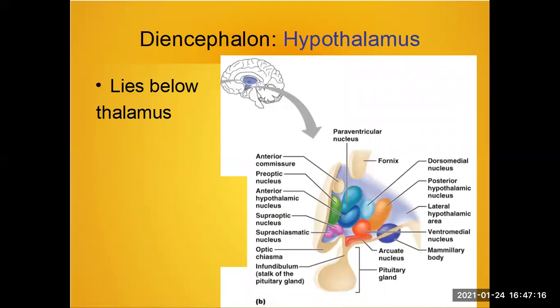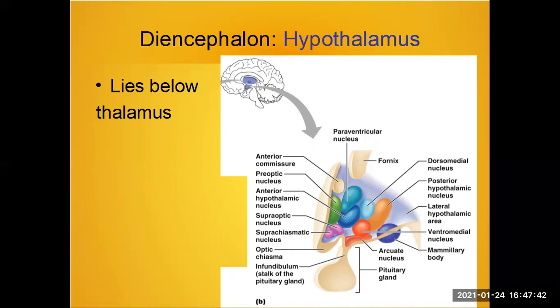Hypothalamus lies below thalamus. The hypothalamus features numerous nuclei, grouped into 4 areas. The anterior hypothalamic area contains supraoptic and paraventricular nuclei. The posterior hypothalamic area comprises the nuclei of mammillary body.